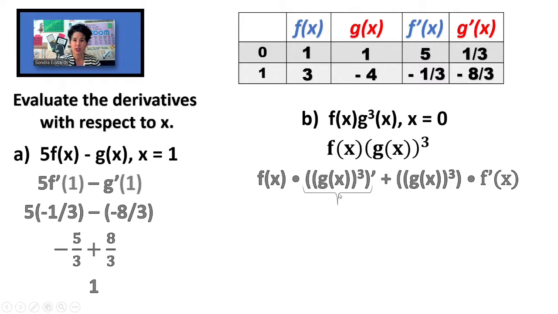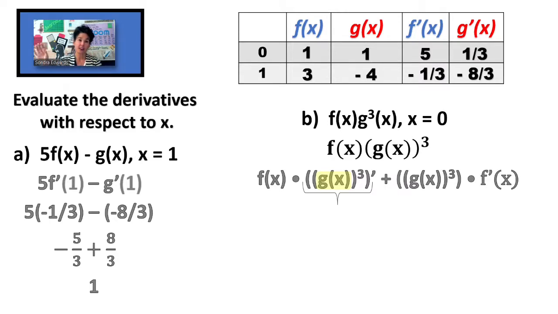Now let's focus here on finding the derivative of g of x to the third power. If we just had x to the third, our derivative would be 3x to the second power. But instead of having just plain x to the third, we have something more than x. We have something ugly. So we're going to apply the chain rule.